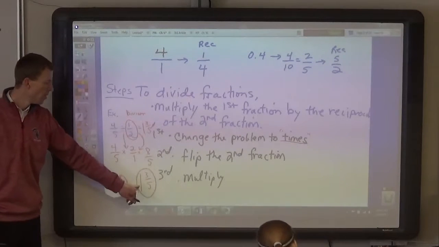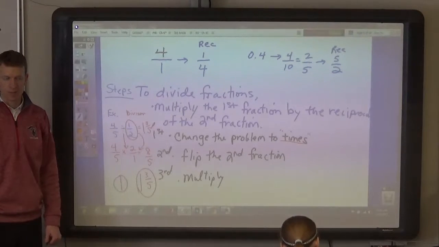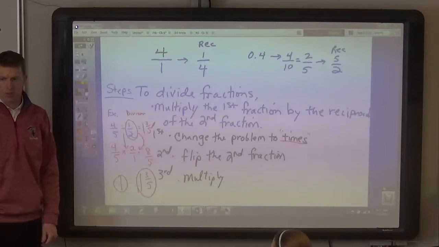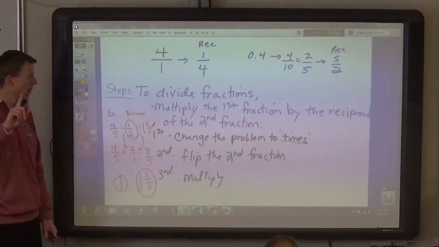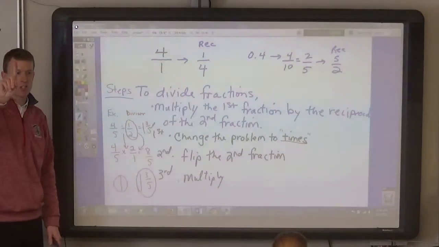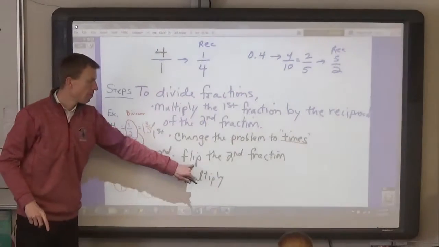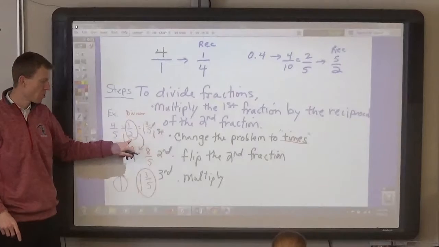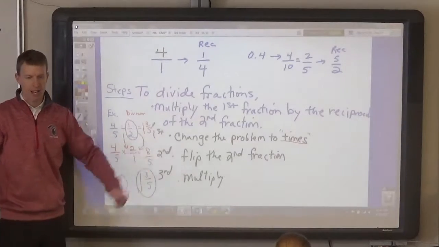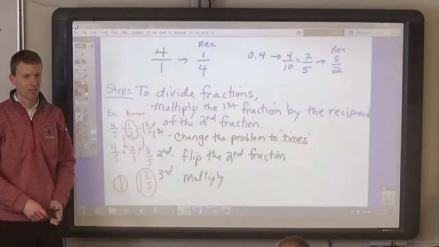It equals whatever we find. Okay, let's go through the procedure once again. First, change the problem to times. Flip the second fraction and multiply. Okay? Let's practice.